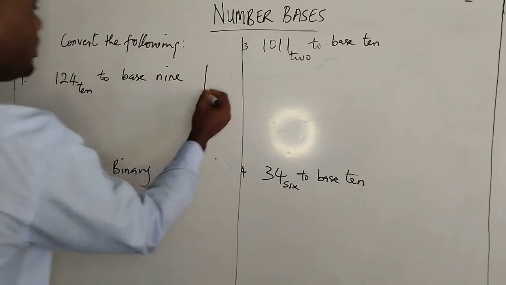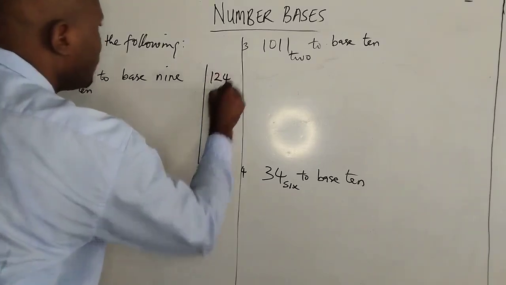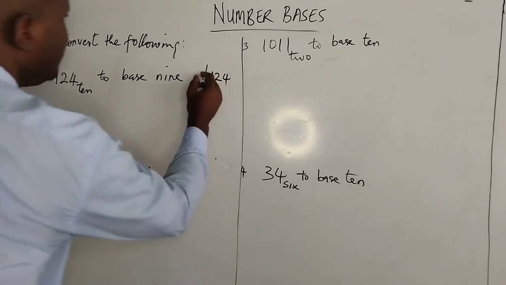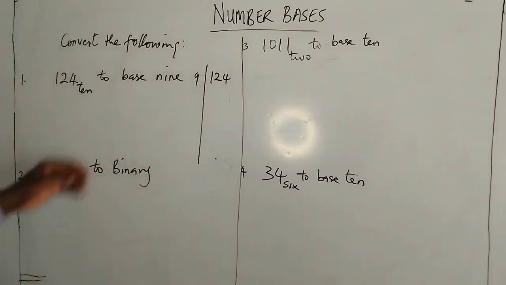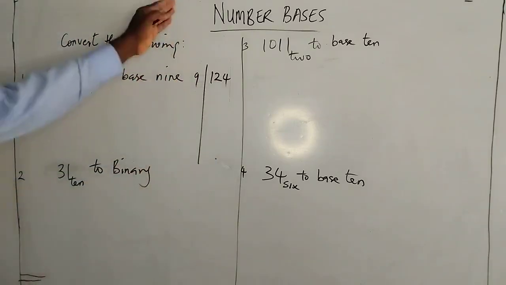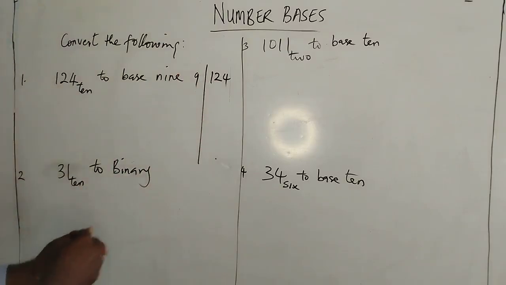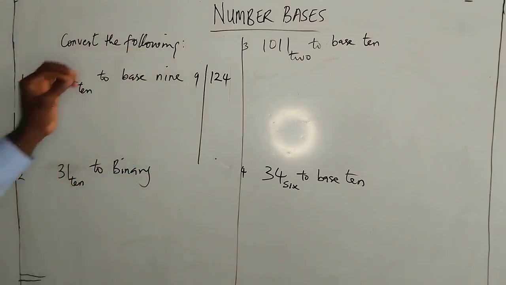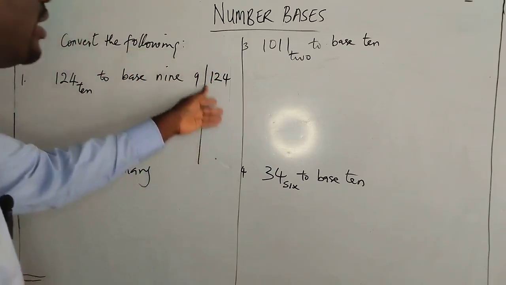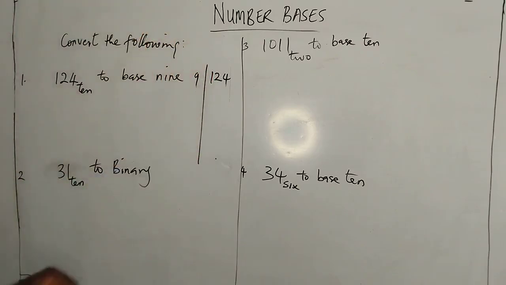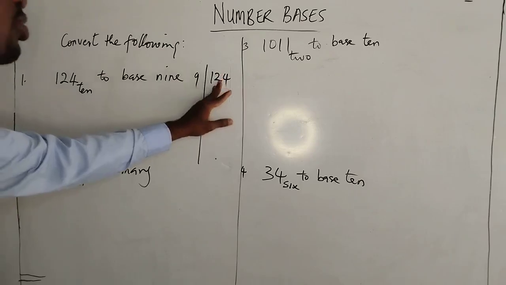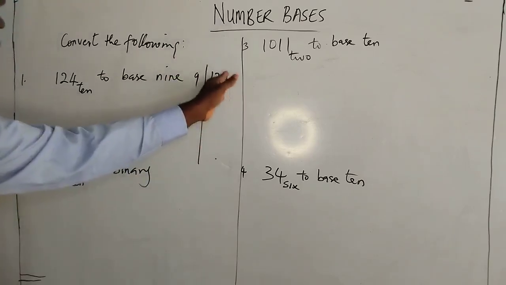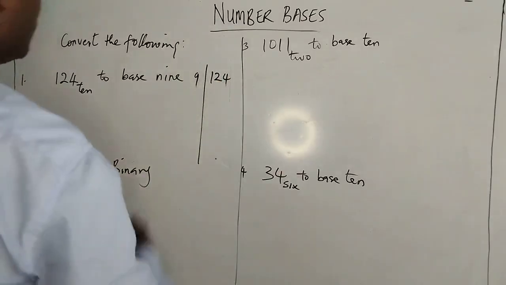So it will be the dividend, while the new base will be the divisor. In number bases, as you do this division, you have to write down the remainder. The remainder forms the answer. Any division you make, you write down the quotient and carry the remainder, write down the remainder the other side.